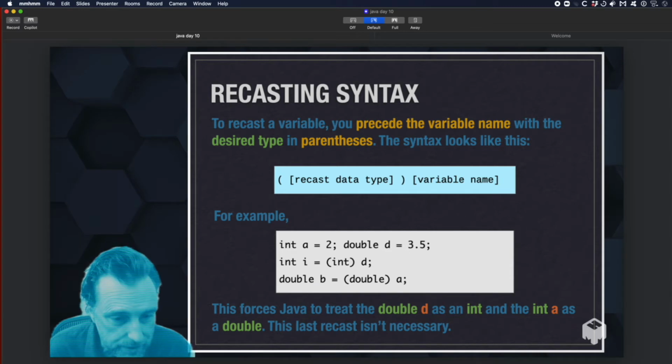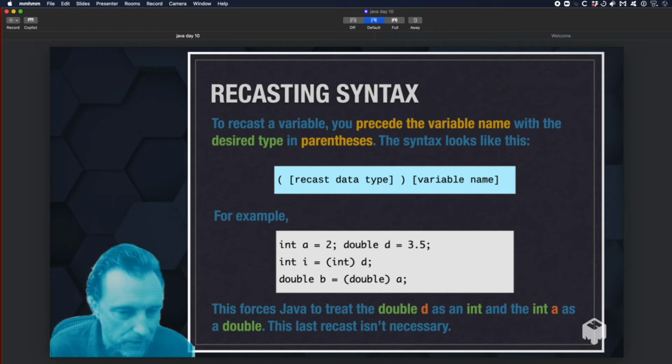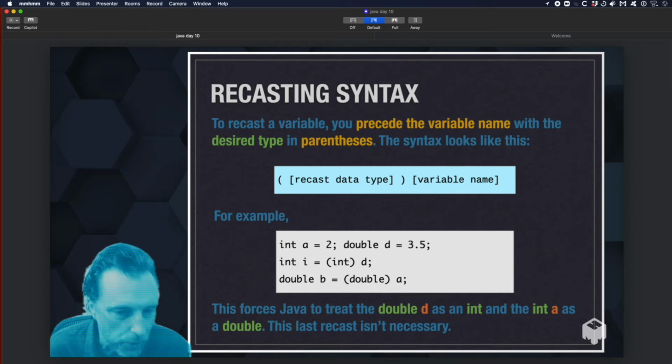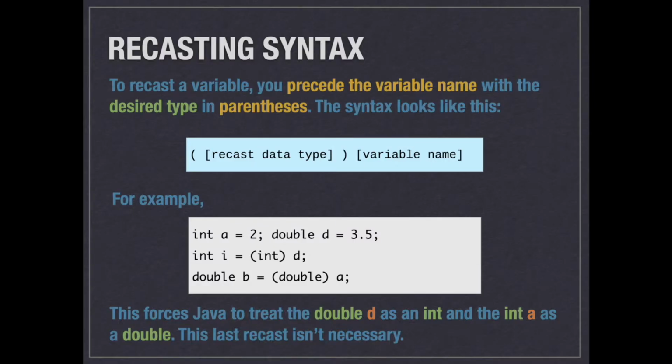Okay, but so here's the reason. To make d fit into the integer automatically, it would have to move down the information hierarchy. Double is higher in the hierarchy than int, so to make the assignment work, to put d into the integer i, Java would have to automatically demote the d to an integer, and it will not do that.